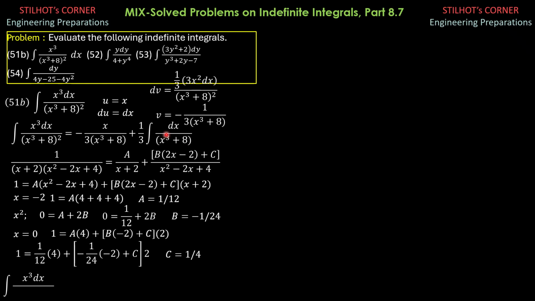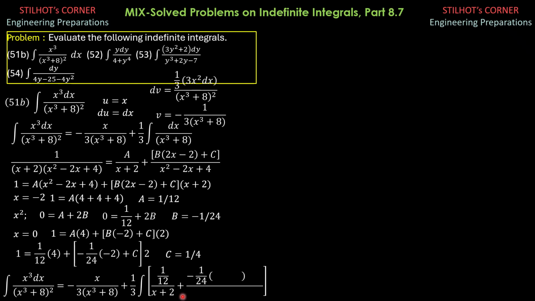So the integral of x cubed dx over quantity x cubed plus 8 squared is equal to, we copy the first term, then we have 1/3 of the integral of quantity 1 over 24 over x plus 2 plus negative 1 over 24 times 2x minus 2 over the denominator x squared minus 2x plus 4.